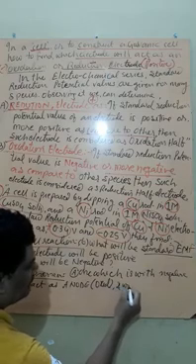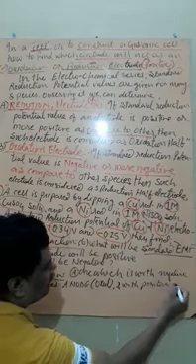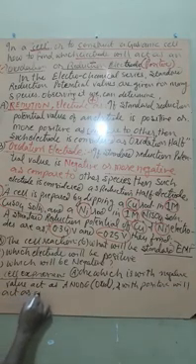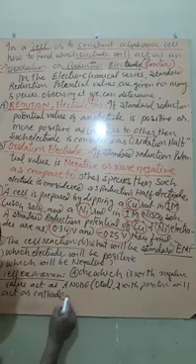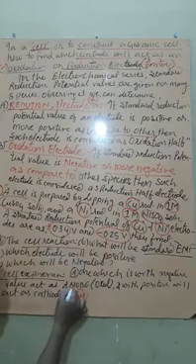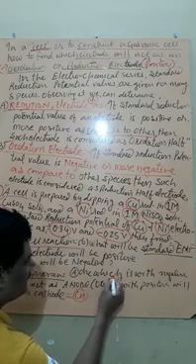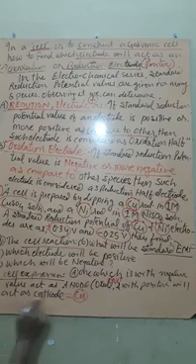And the one with a positive value acts as cathode. So which one acts as cathode here? Obviously the copper will act as cathode, and the anode will be nickel. So now nickel becomes the anode, that is oxidation, and copper becomes the cathode.